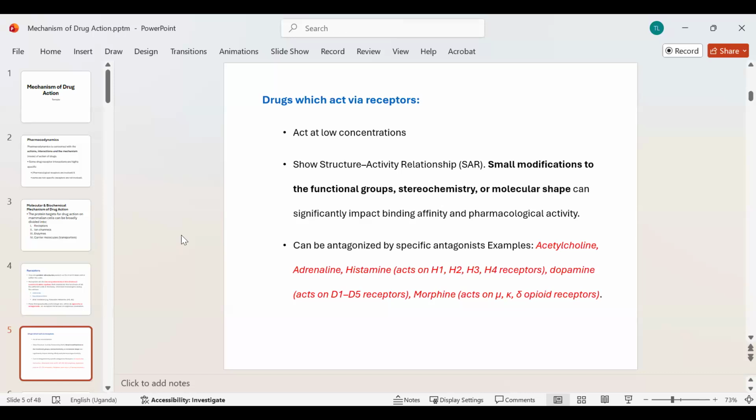Sometimes they tend to show structure-activity relationships, which we normally abbreviate as SAR. So small modifications to functional group, stereochemistry or molecular shape can significantly impact the binding affinity.